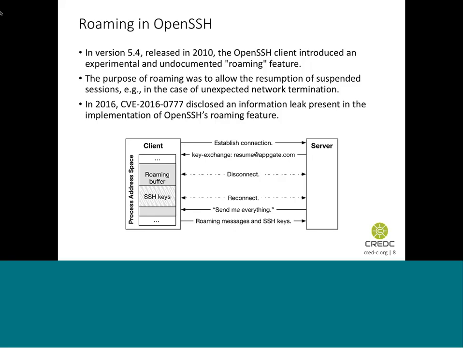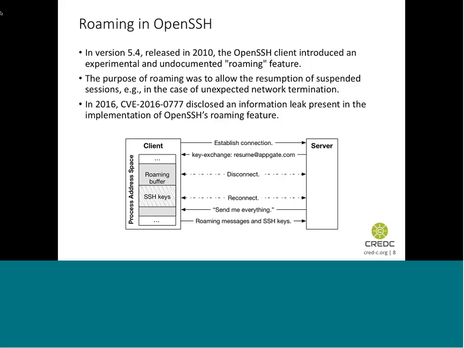Now, the solution should have been very simple, and that is that the SSH keys should have been cleared from memory once they were no longer in use. However, this didn't happen. And the result was that after a disconnect and a reconnect, a server could convince the client to send them their roaming buffer, which could contain SSH keys.